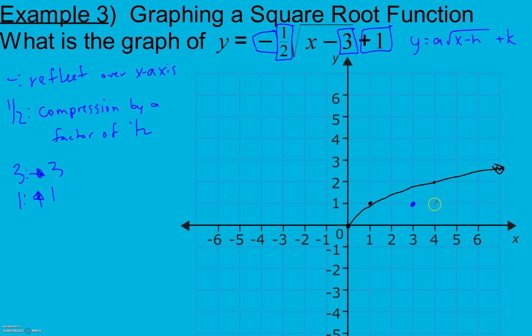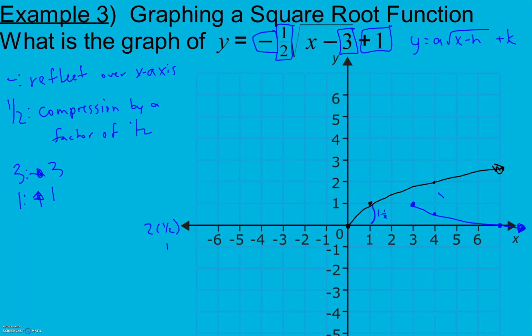And instead of going over 1, down 1, I'm going to go over 1, down a half. My height here is 1 times a half. Instead of going over 4, up 2, I'm going to go over 4, down, because it's a reflection, 1. Because my height here is 2 times that compression factor, 1. So I'm only going to go down 1, and I can connect my dots.